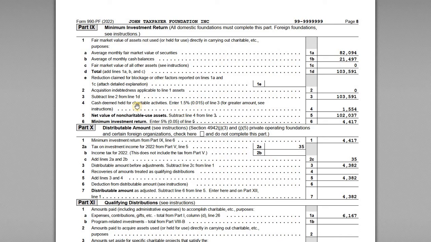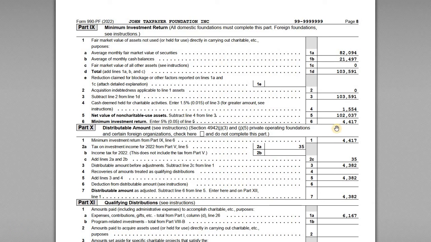Now, the 1.5% carve out. So you are allowed to exclude 1.5% that is basically deemed held directly for charitable activities. So 1.5% of that amount doesn't have to get included in this minimum investment return calculation.